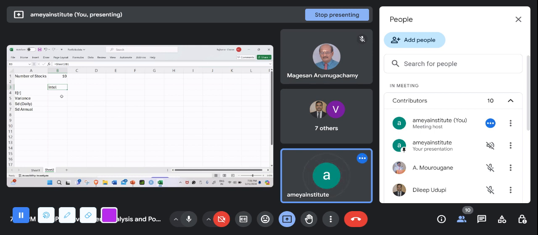Did you get it? I want the remaining 10 companies' names. There are 10 stocks: 1, 2, 3, 4, 5, 6, 7, 8, 9, 10. I think it will come till K. Just click on this plus and drag it till K. The last stock is Google. We got the names of the companies here. Got it?